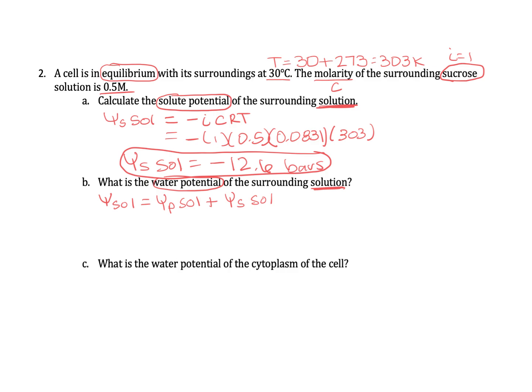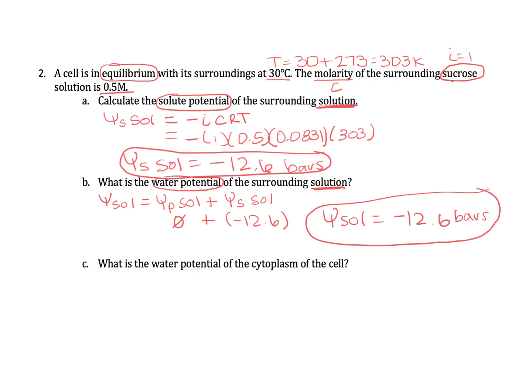Unless it tells you it is in a sealed, vacuum-sealed container, which very rarely will you see a problem that says that, your pressure potential for a solution is always going to be assumed to be 0. So we'll go ahead and record that. And then in the problem that we just calculated in A, we know that the solute potential is negative 12.6. Do that math, and we have negative 12.6 bars for our water potential of the solution.